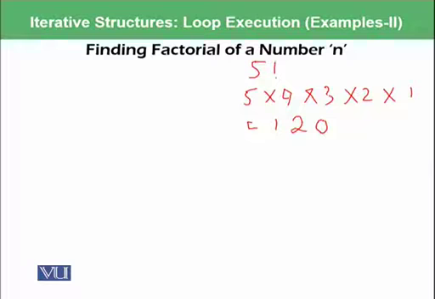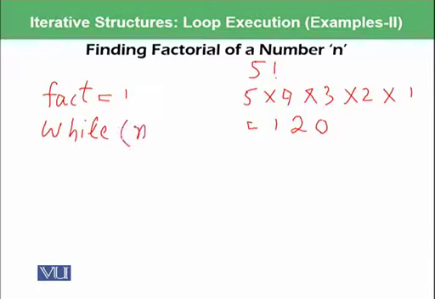First of all, we can define fact, which is assigned initially the value of 1, and then we can say while number is less than or equal to n, and n is basically the number for which we want to calculate the factorial, and in our case n is 5.